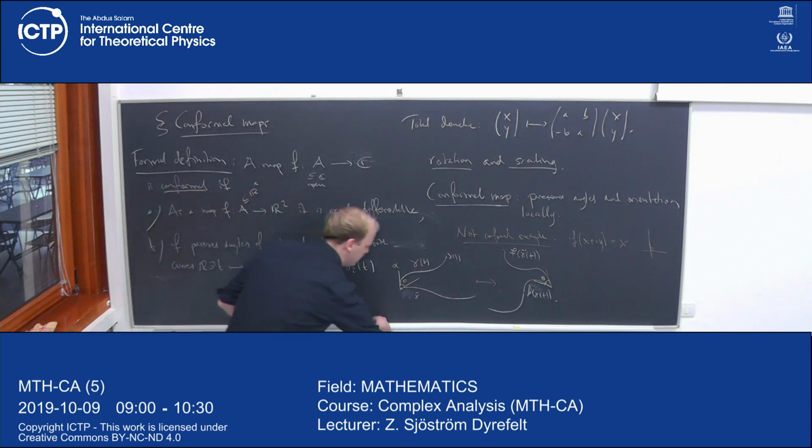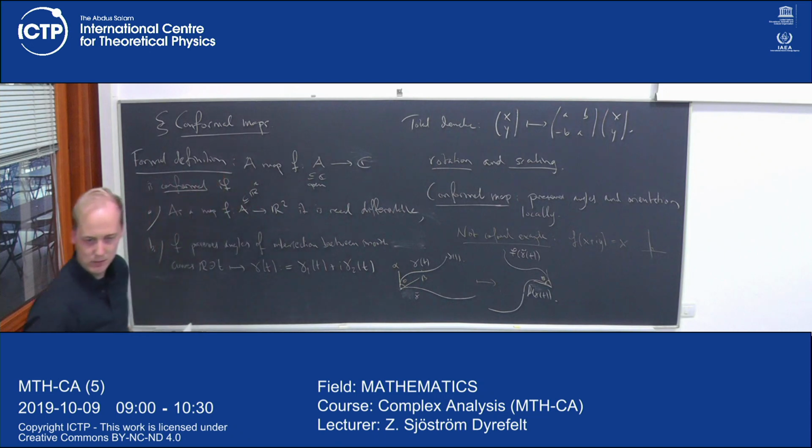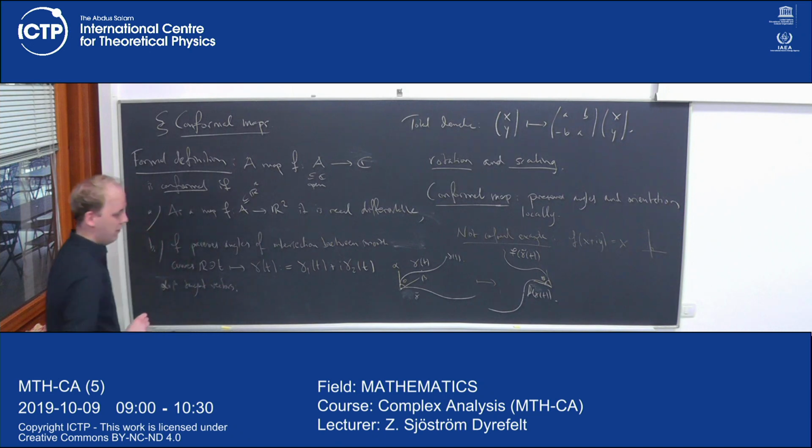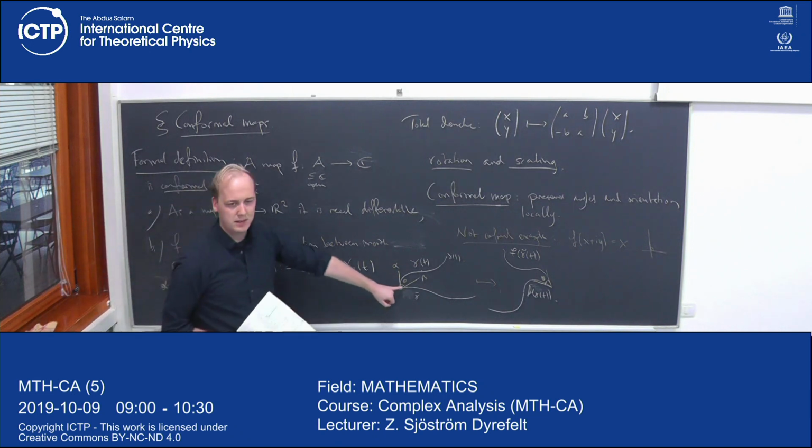But first, let's say that this is alpha and this is beta. These are the tangent vectors. Okay. So alpha, beta tangent vectors. Then what is the angle between these vectors?